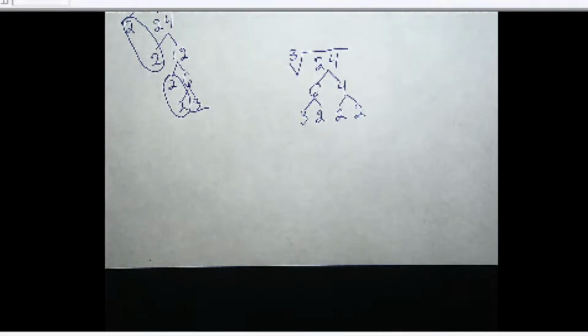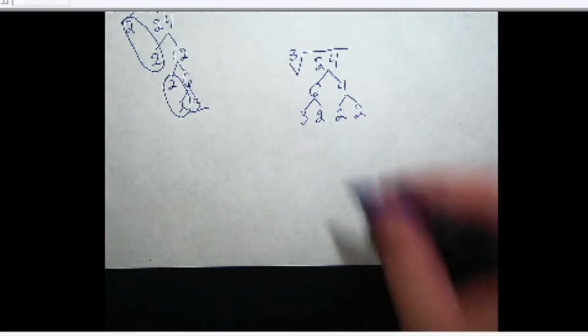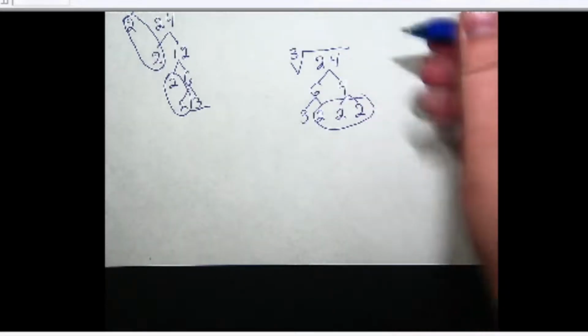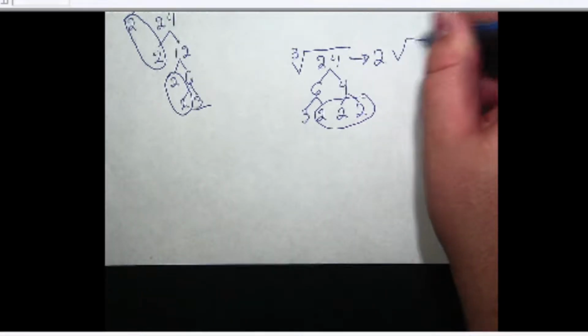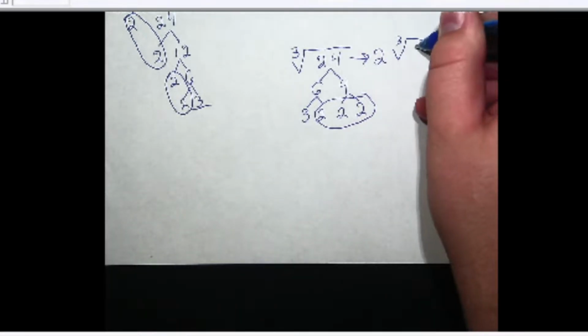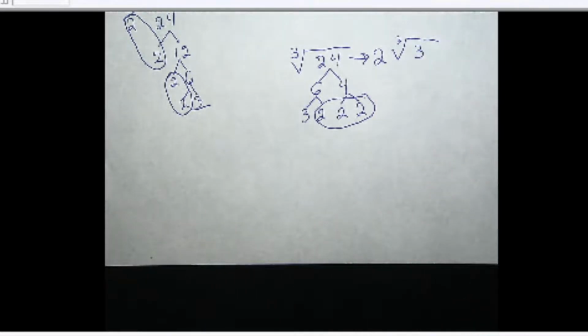So again, we're looking for a triplet of numbers. Do we see one? Yeah. We've got a triplet of 2's here, which means we can take a 2 out. And what's left underneath that cube root? 3. So we have 2 cube roots of 3. Very good. What questions do we have? None? All right.